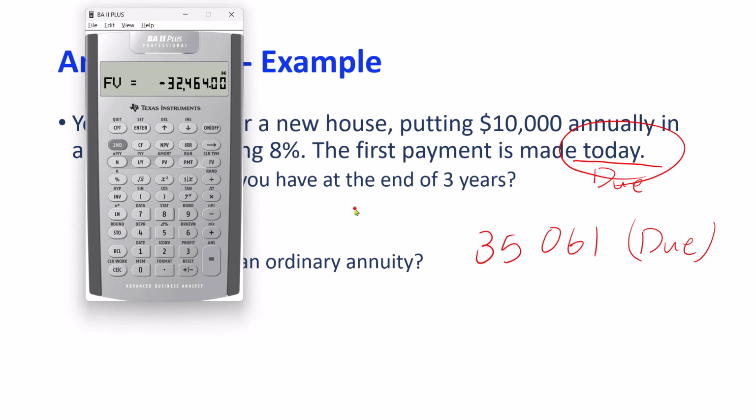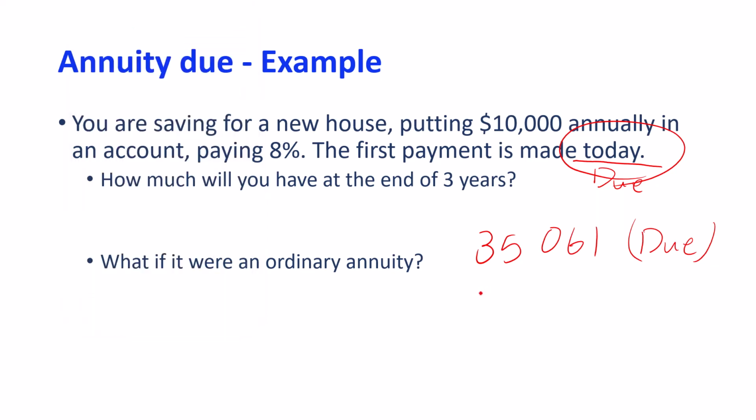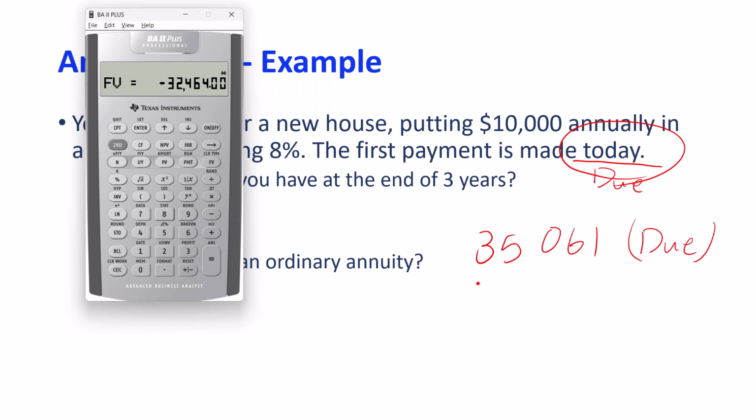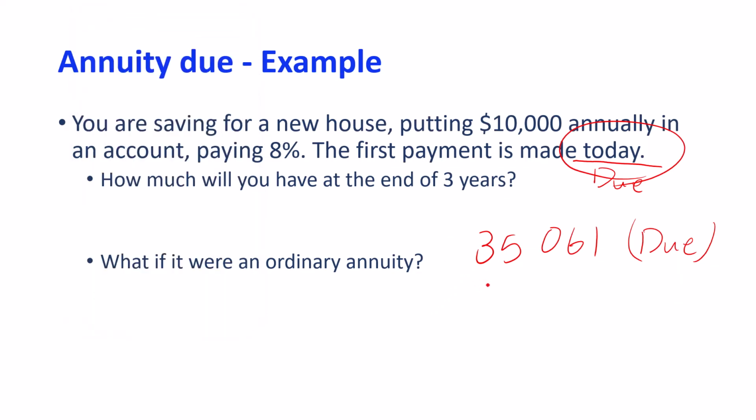As you can see, the future value is smaller, as we expected, 32,464. So the future value of annuity due is always greater than the future value of the ordinary annuity.